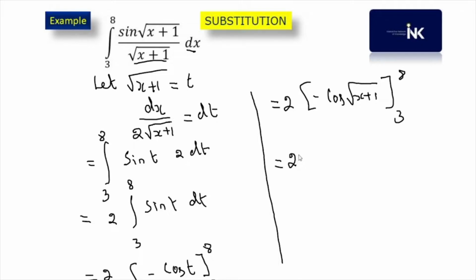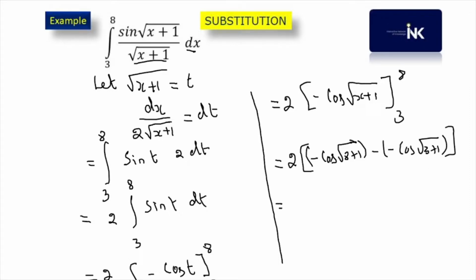So now we have to use the fundamental theorem of calculus. Minus of cos, if you substitute the upper limit, root of 8 plus 1, and then minus of minus cos root of 3 plus 1.